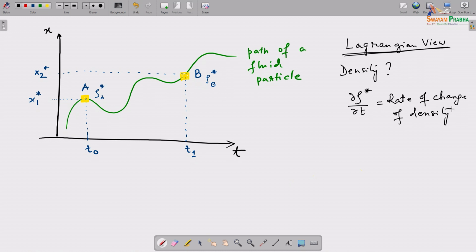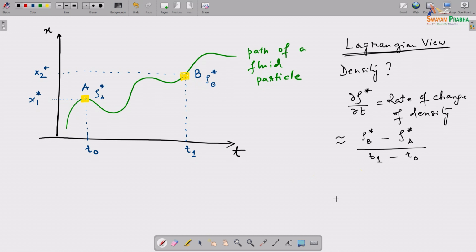For this particular case I could write this as rho star. The only thing to note here is that this rho star is the density of a fluid particle.